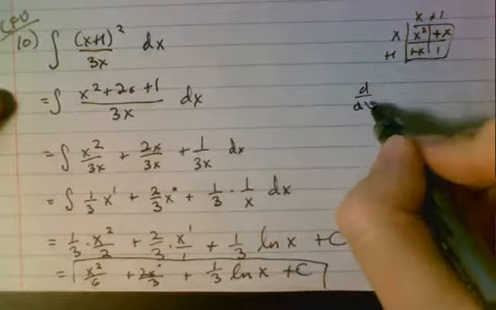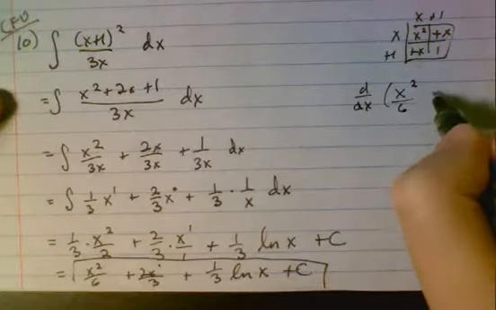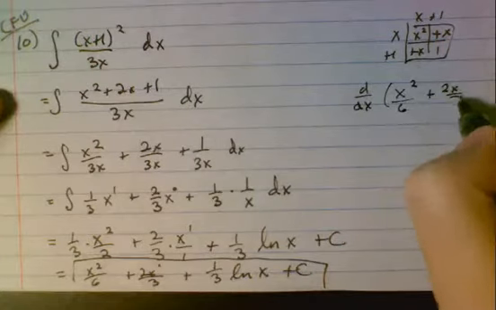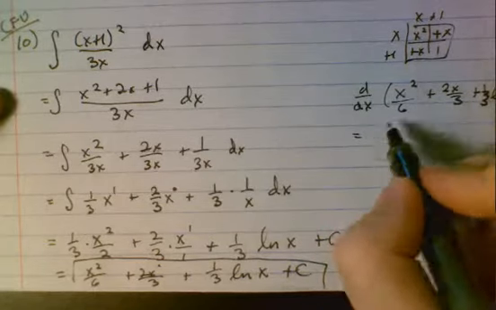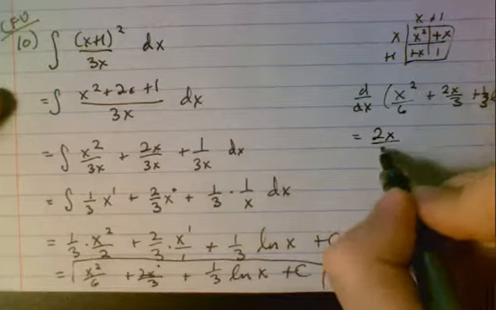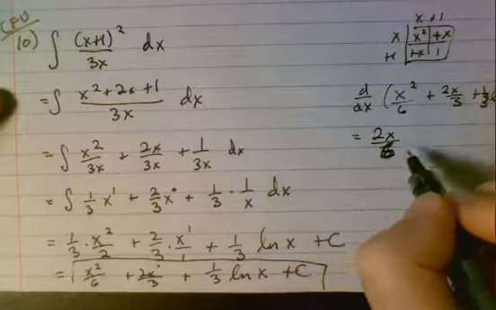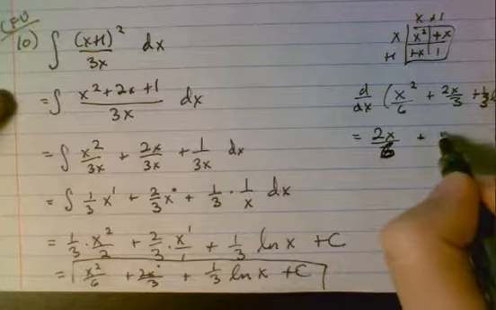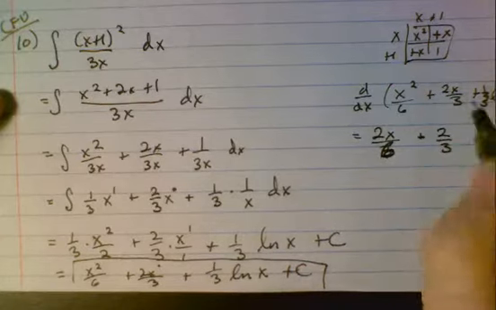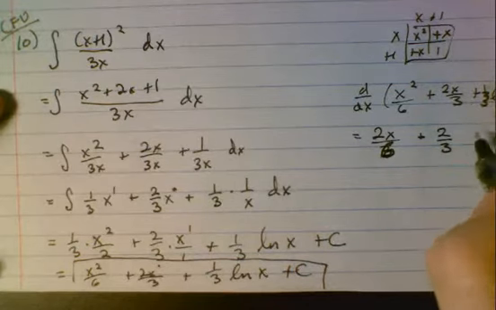We can check this doing the derivative of x squared over 6 plus 2x over 3 plus 1/3 natural log of x plus c. So this is 2x over 6, plus 2/3, this x, bring down the 1, that's x to the 0, which is just 1.